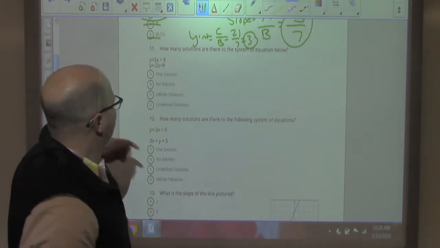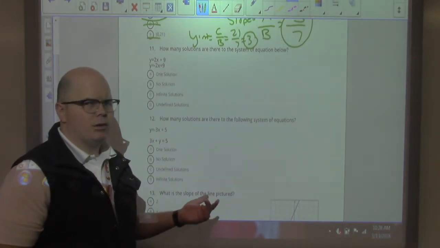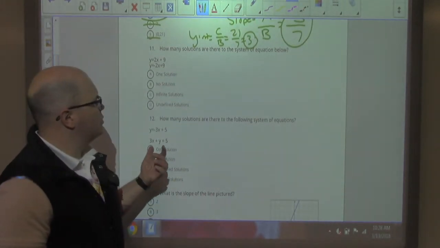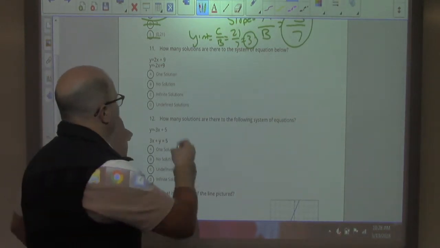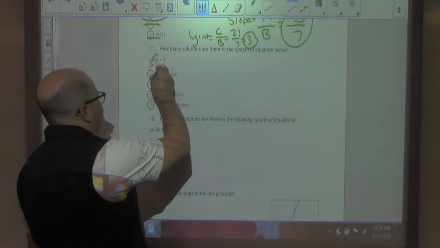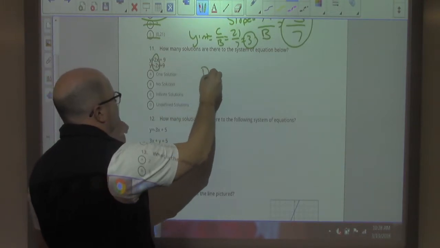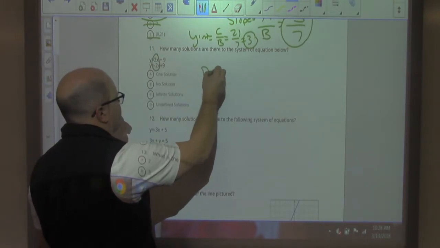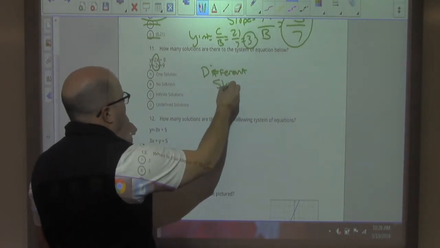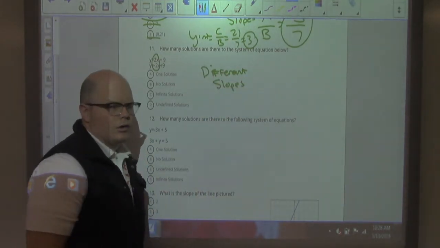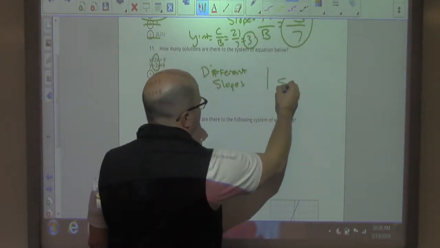Okay? Now we're getting into systems a little bit with this one, and it's asking how many solutions are there to the systems of equations below. Well, from my notes, I'm looking at, I have different slopes. And if you have different slopes, according to our notes, it means we have one solution.